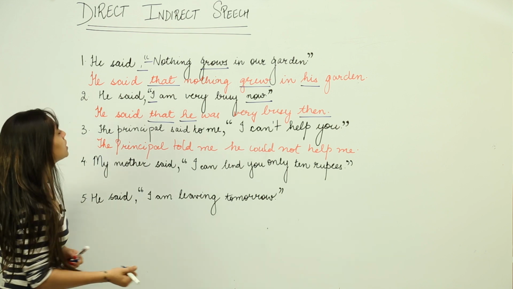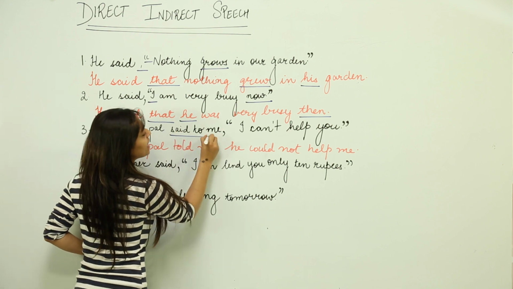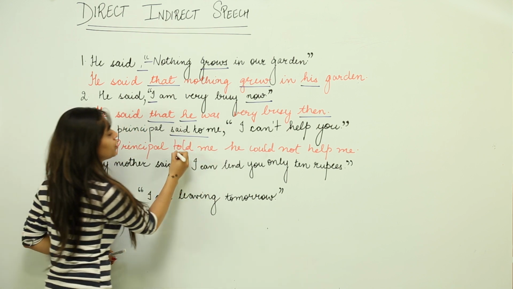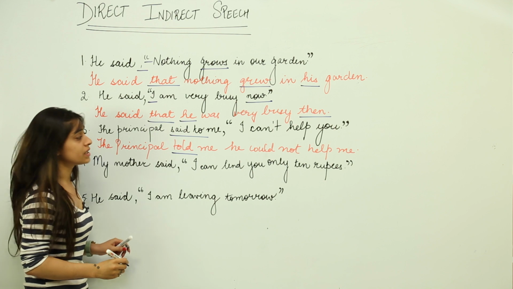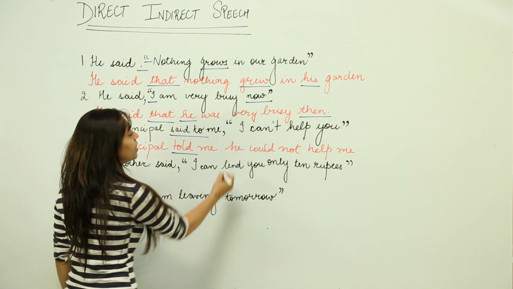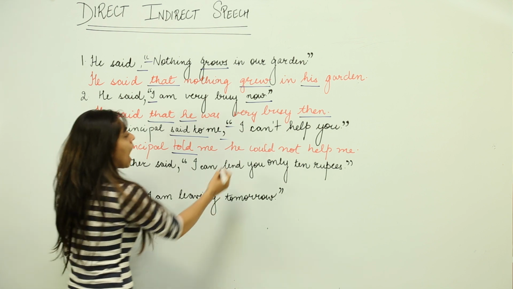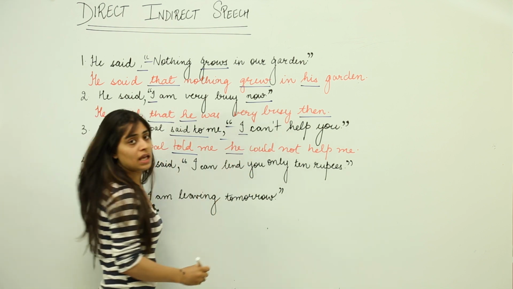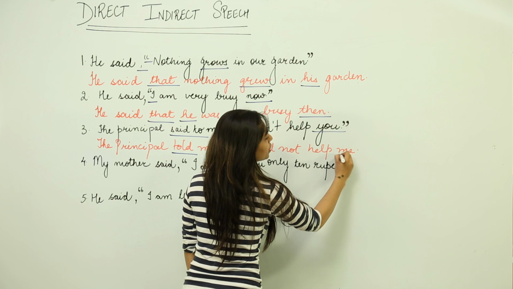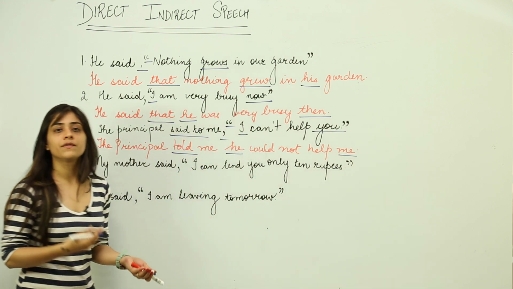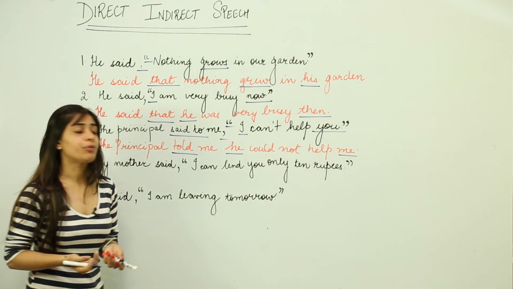As per the rules, we learned that said to is converted to told in a reported speech. Moving on, we remove the comma, we remove the inverted commas. I gets converted into he and you gets converted into me because of the interchange of personal pronouns.